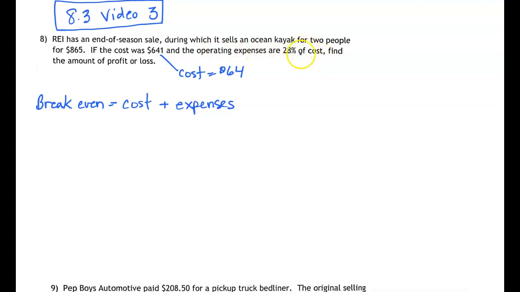Don't forget that of indicates multiply. I'm going to write operating expenses is equal to, that's another way to say are equal to, 28% times cost. And we'll fill in what we know.